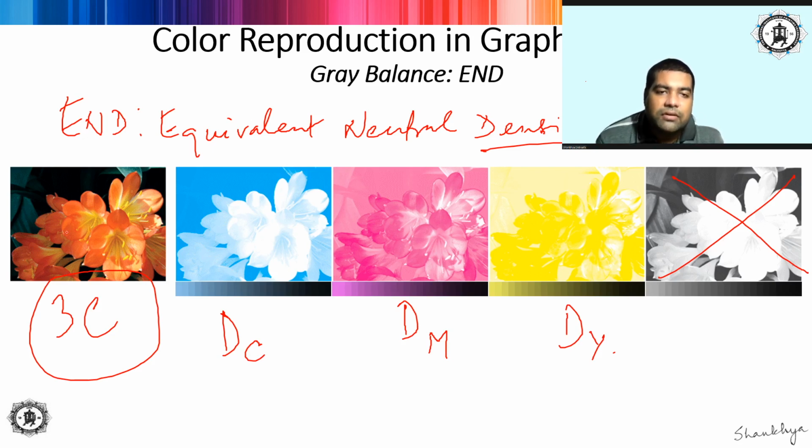Calibration is identification of the native behavior of any device, and thereby changing it to behave in a linear way, right? So that is essentially what calibration is. So one such very popular calibration technique today is known as the G7 technique. So it is gray plus the seven solids, that is C, M, Y, K, as well as R, G and B, right? That is one technique that is used for calibration of print devices.